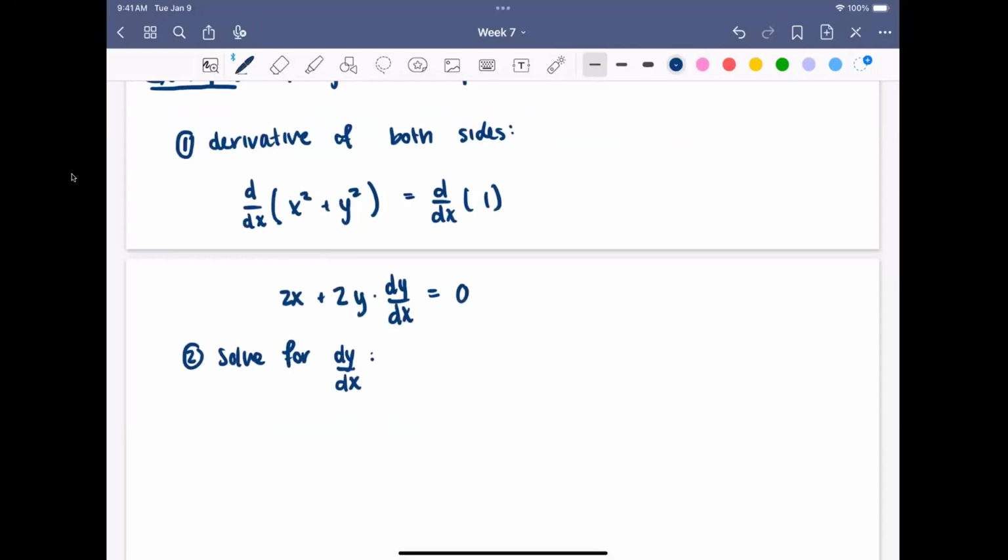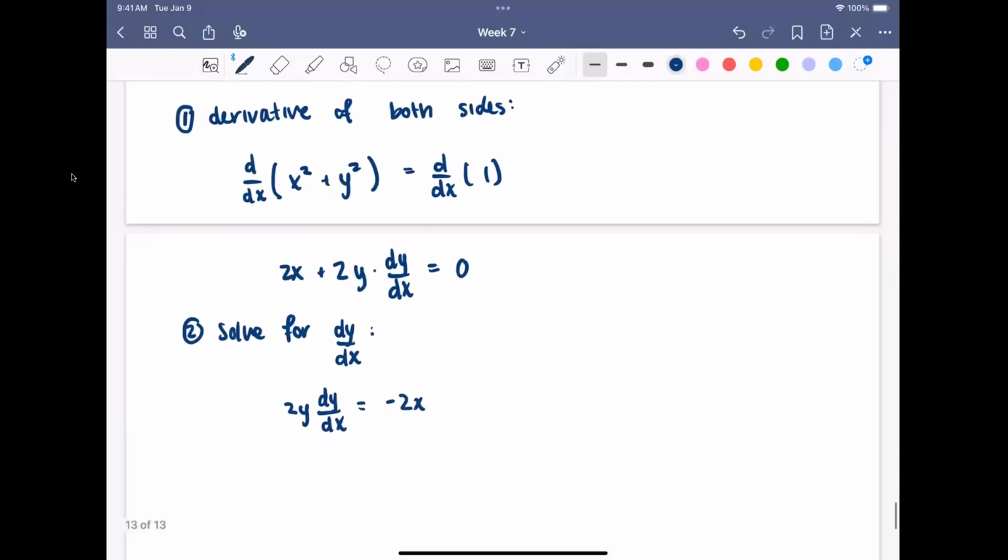We can just rearrange this equation. What I'm going to do is always put any terms that are multiplied by dy/dx on the left side and move all the other terms to the right side. So I have 2y dy/dx is equal to minus 2x.